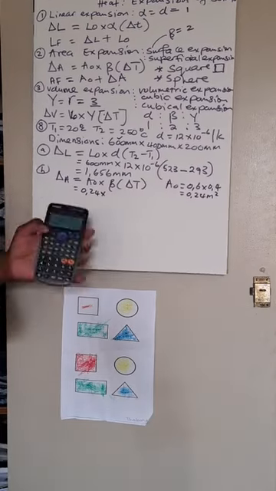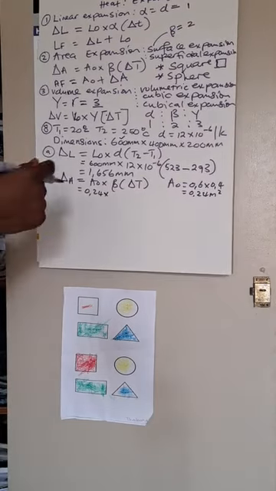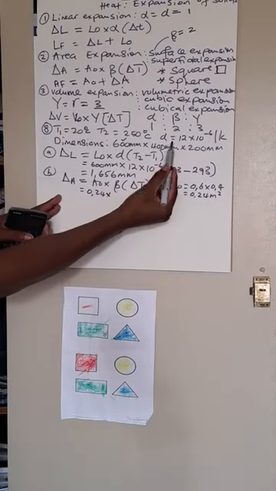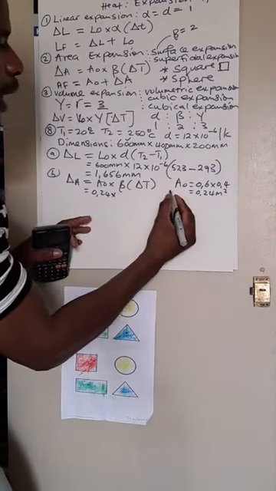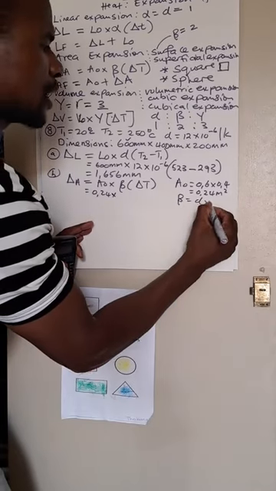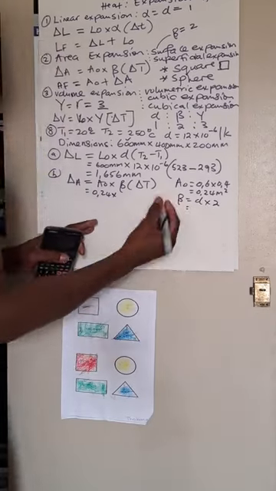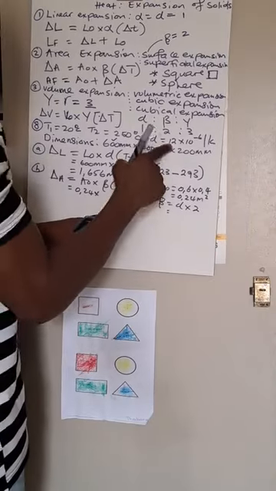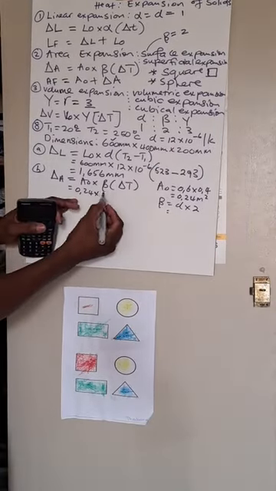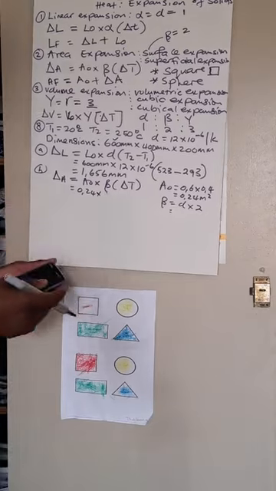Now we have a small problem once again. They want us to calculate area, but our expansion is given in what? In linear form. So what do we need to do there? Beta equals alpha times 2. So you need to multiply your alpha by 2, because we are changing it from linear form to area expansion.